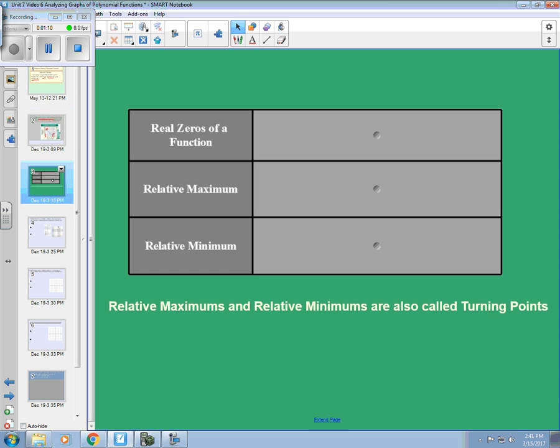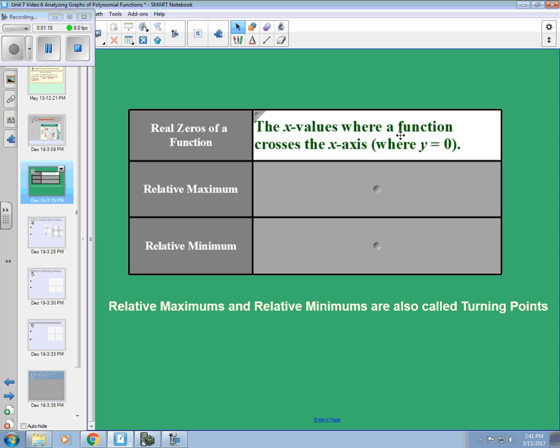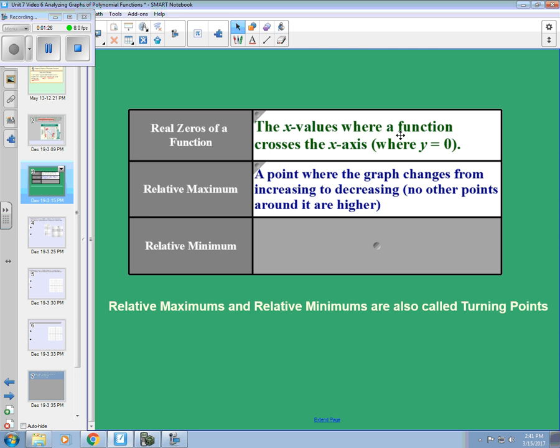So, some vocab words. You've heard these before, but let's talk about them again. The zeros of a function are the x values where a function crosses the x-axis, or where y is 0. Maximums are the points on the graph where it changes from increasing to decreasing.